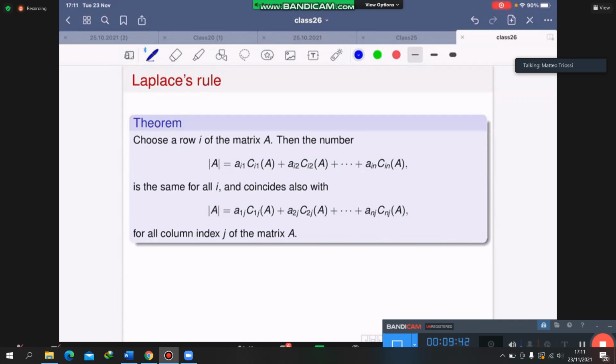You are expanding this determinant according to row I.